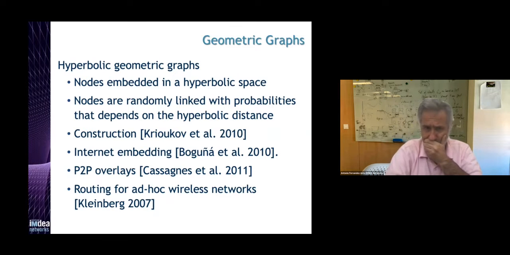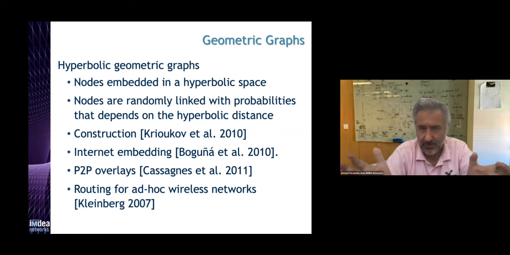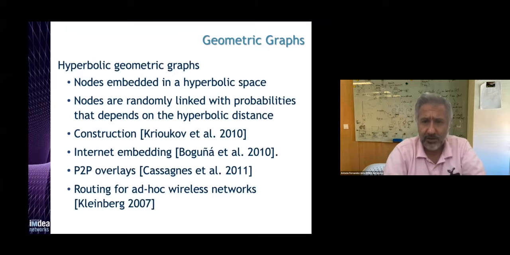Krioukov in 2010 showed how to build a network using this metric space that had small world properties. Then Boguñá showed that actually the internet can be embedded in hyperbolic spaces, and links in the internet will be links in the hyperbolic space, and they have nice properties.